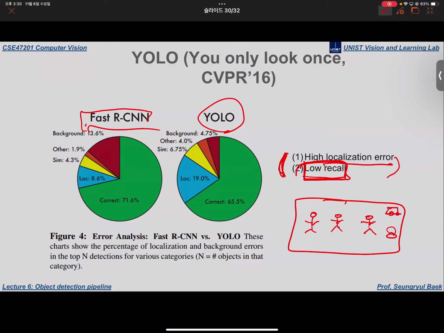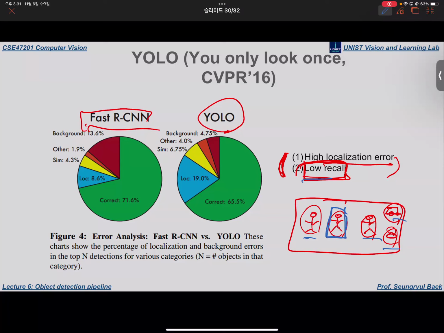We have to train the object detector to capture all persons and objects inside. But YOLO tends to miss some of the objects. But if we predict something, their precision is not bad, okay? But it frequently misses some objects in the images.